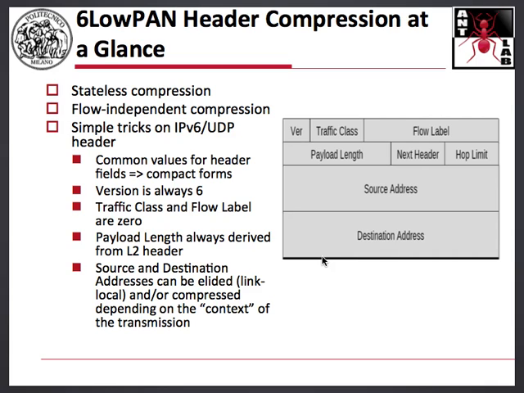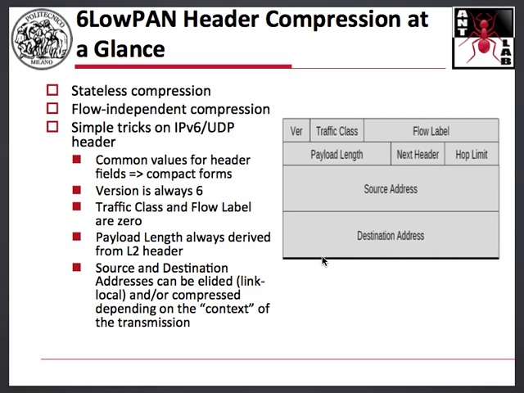And then, for example, the other fields like the hop limit, the source address, the destination address, the next header, flow label and so on and so forth can actually be compressed depending on the context, as you will see.